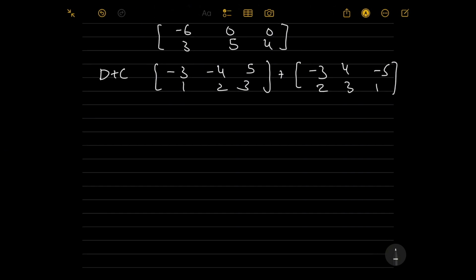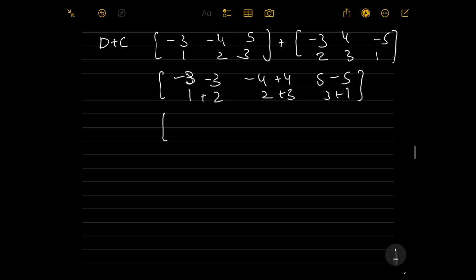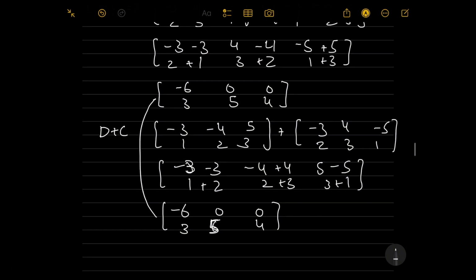Okay, so adding these both, minus 3 minus 3, minus 4 plus 4, 5 minus 5, 1 plus 2, 2 plus 3, and 3 plus 1. So the right hand side is minus 6, 0, 0, 3, 6, 5, 5, and 4. So right hand side equals left hand side.